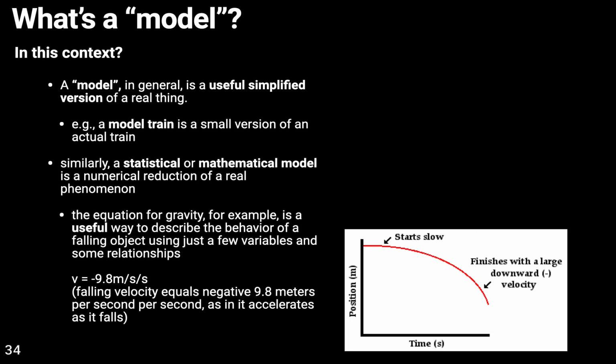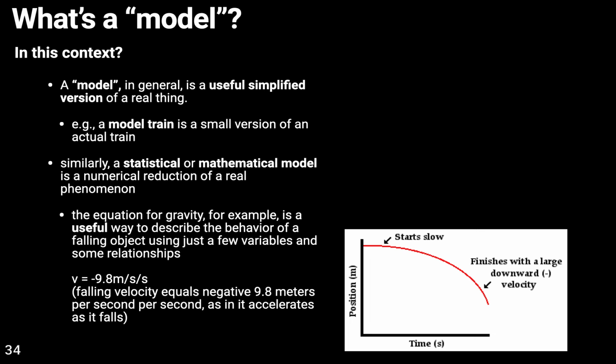Your falling velocity equals negative 9.8 meters per second, as in it accelerates as it falls, right? So using this mathematical model, this data-based reduction, we're able to do this very cool thing of being able to predict, hey, if I drop a ball, I know roughly where it will be after n many seconds, right?